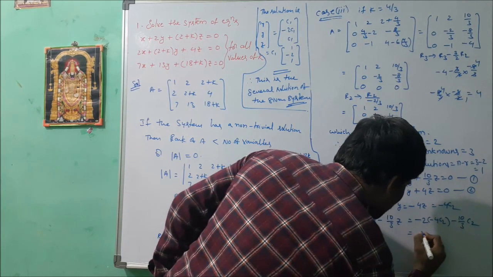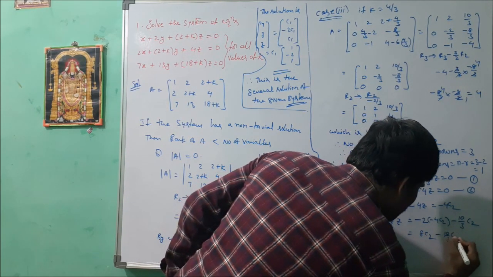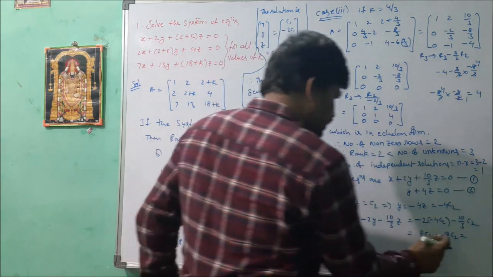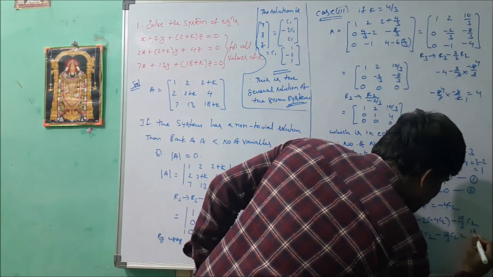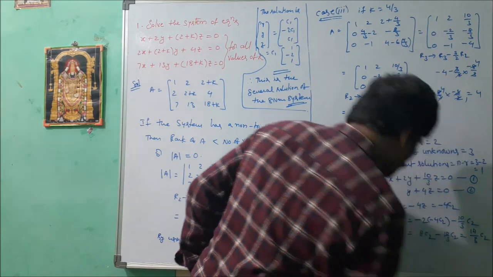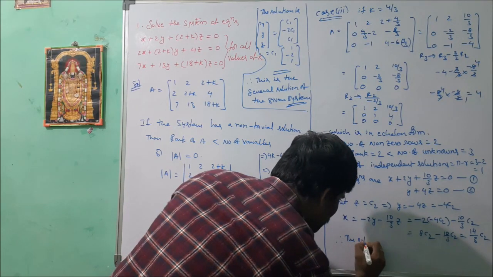Here it can simplify 8C2 minus 10 by 3 C2, that equals to 3 8s are 24, 24 minus 10, 14 by 3 C2.